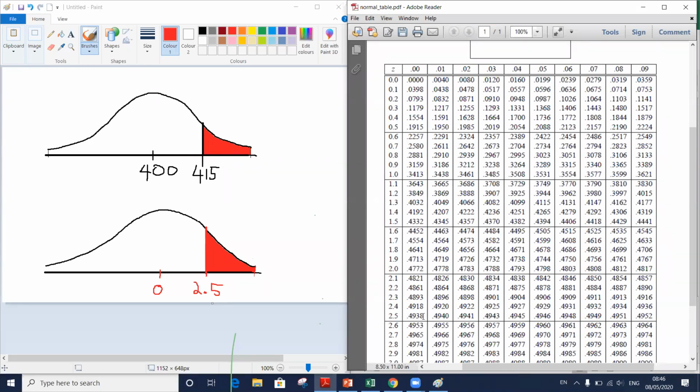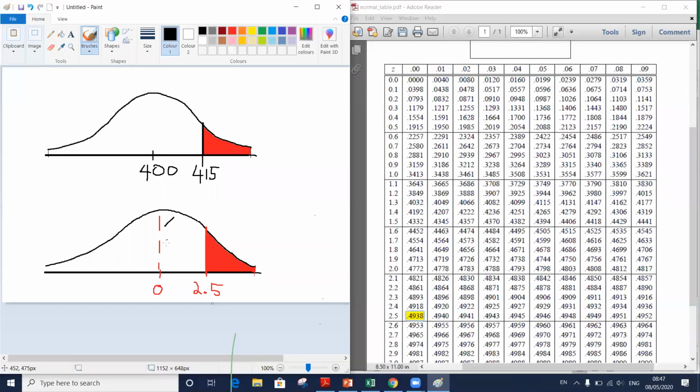The probability value for 2.5 is 0.4938. What portion does 0.4938 represent? It is from 0.0 to 2.5, the probability for this part is 0.4938. But we need to have the colored area.